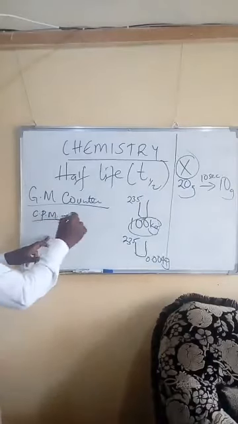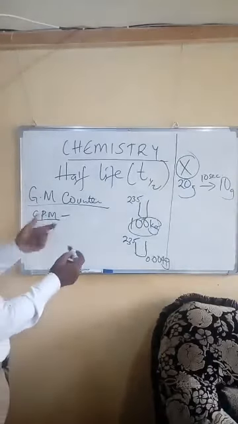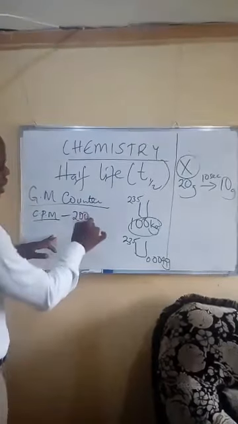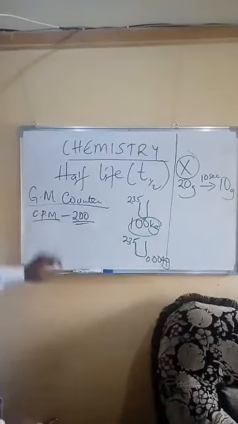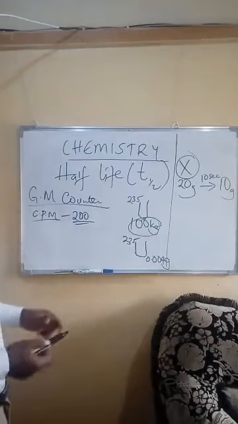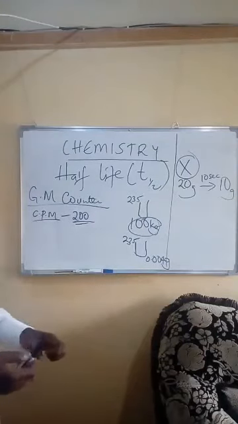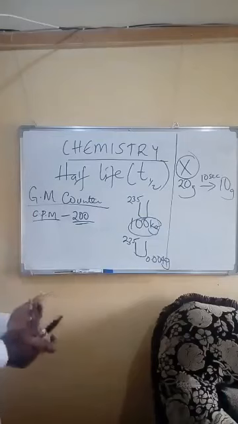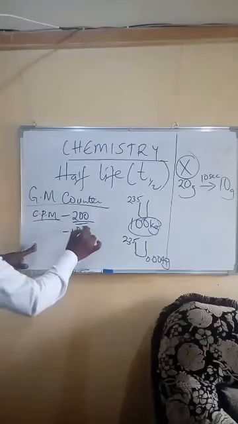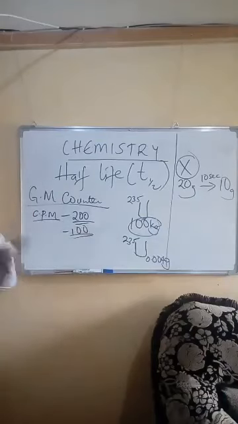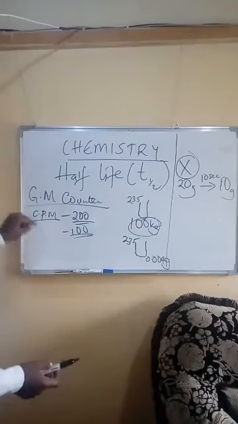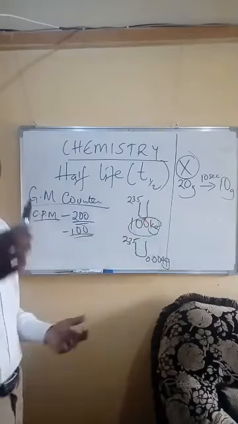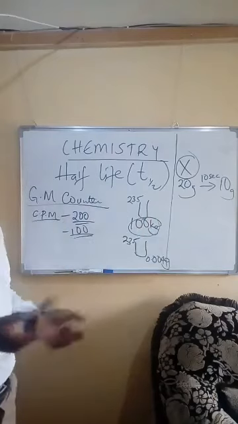If, for example, the CPM was 200, that would tell you that we have so many atoms, so many nuclides of uranium. If after a given time X, the CPM becomes 100, it would tell you that the number of atoms, the number of nuclides of uranium has reduced to half of whatever we had initially.